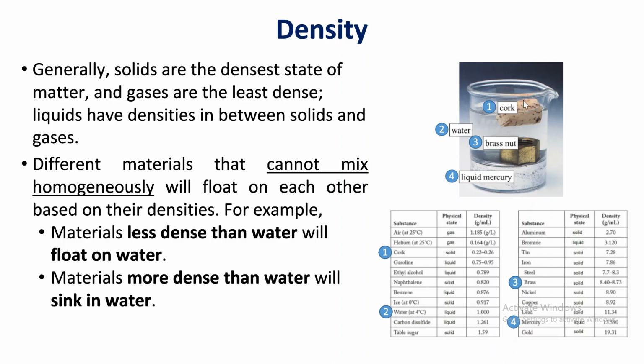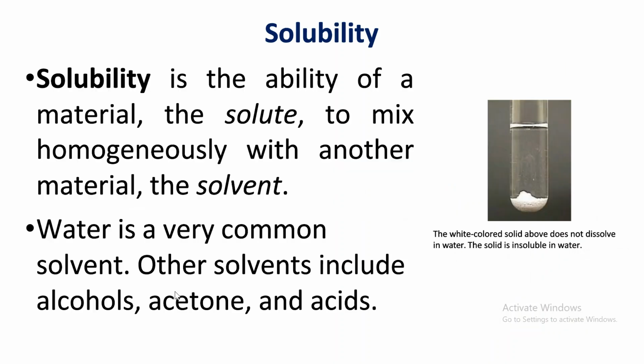As you can see here, cork is not going to mix with liquid mercury, so that's why it floats all the way at the top. And as we said, this is very important, that's why we have it in bold. Materials that are less dense than water will float on water, and materials that are more dense than water will sink in water because they have a higher density.